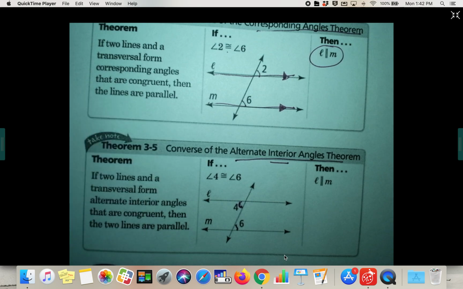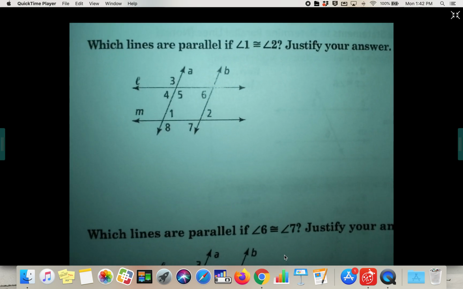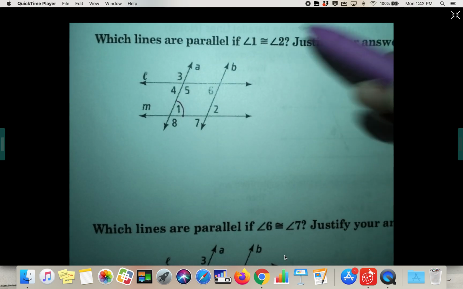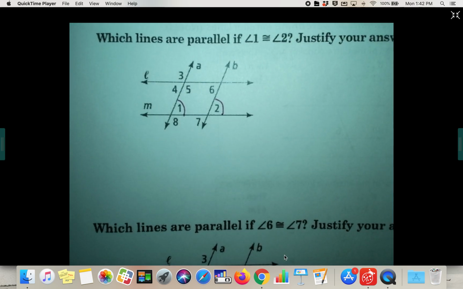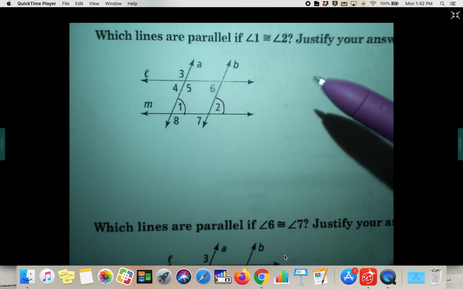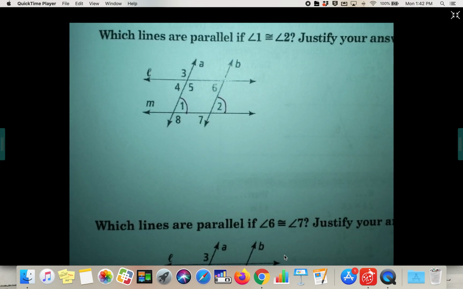Okay. Sorry, had to grab a different one. So on the next page it says, which lines are parallel if angle 1 is congruent to angle 2? In order to determine which lines are parallel, look at the relationship between 1 and 2.